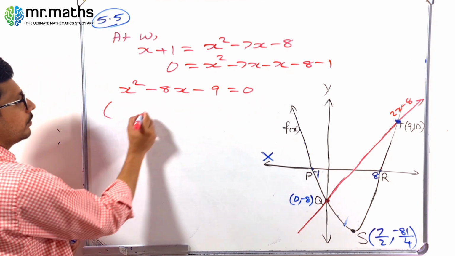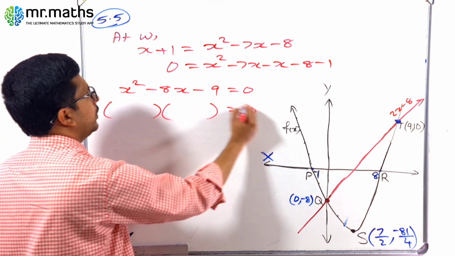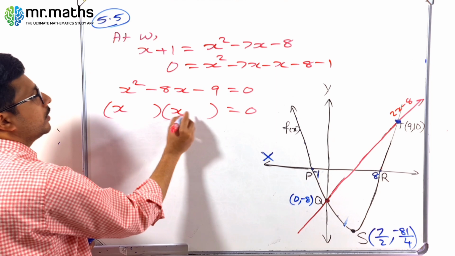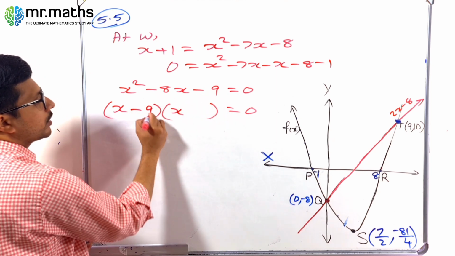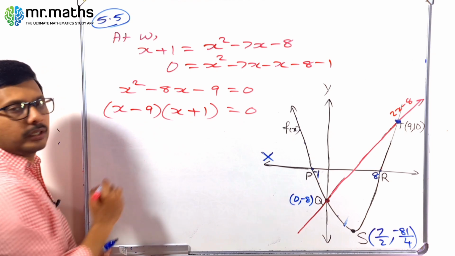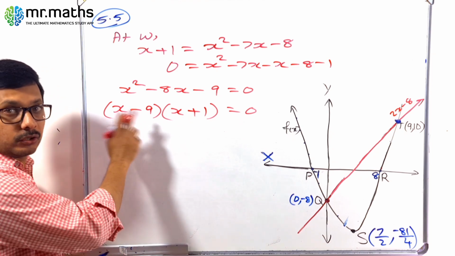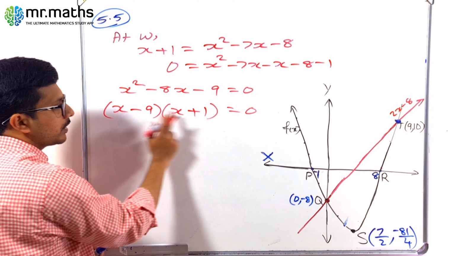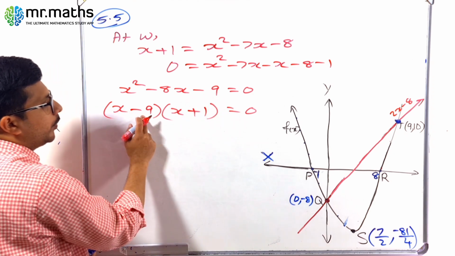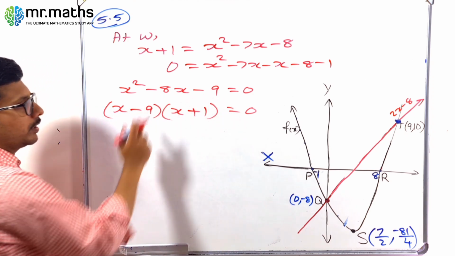Factorize this one. So what are the factors, guys? Here x minus 9 and x plus 1, we want minus 8 sum, so minus 9 plus 1. Am I right? Those who don't know this one, you have to check the algebra section. So minus 9 into 1 is minus 9, minus 9 plus 1 is minus 8, so it's fine.